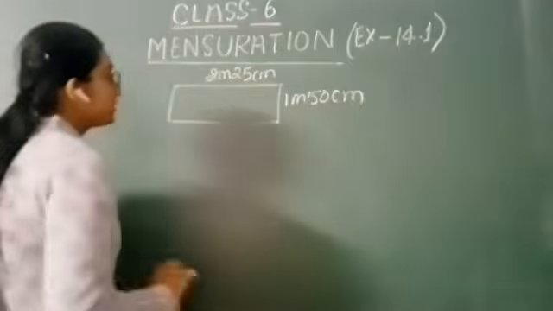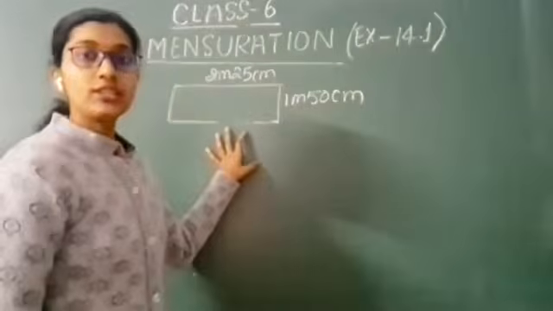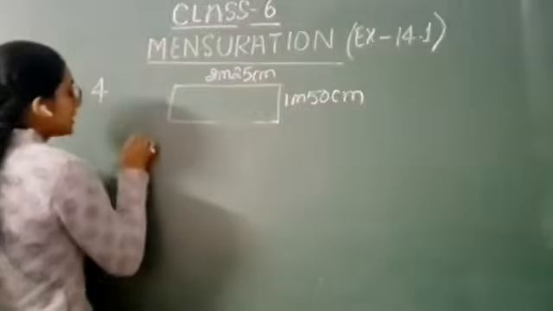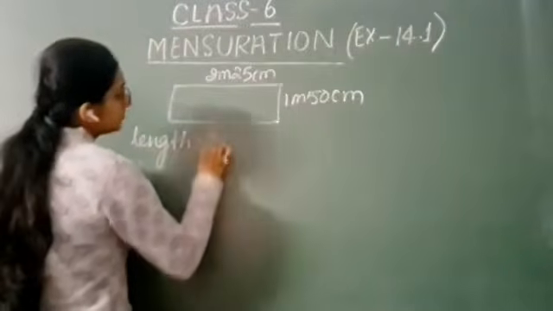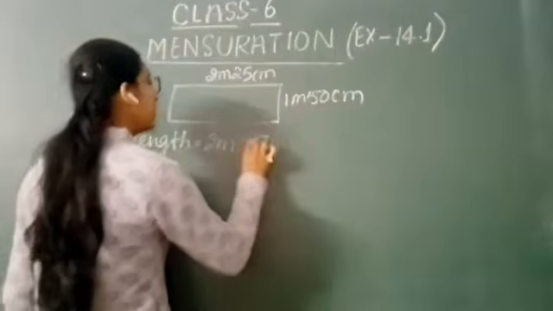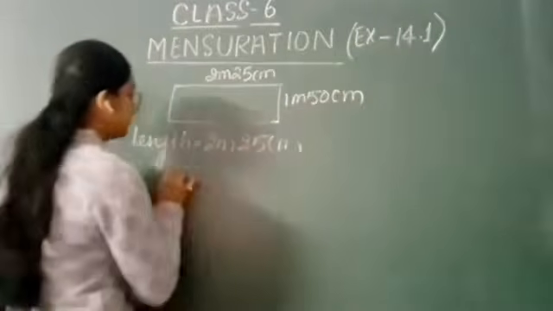Okay, so first we need to convert this into centimeter. Here it is given length 2 meter 25 centimeter.